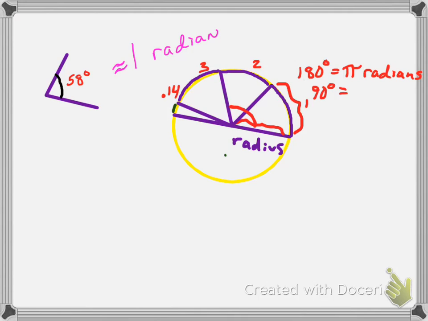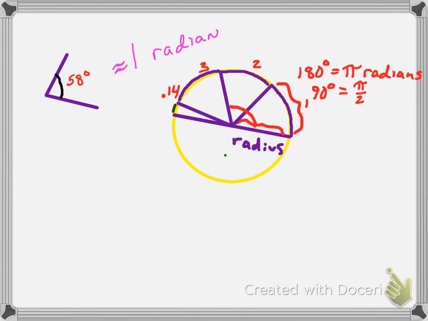Half a pi, which the cool people say pi over 2. Pi over 2 radians for 90 degrees. You just take the half circle and divide it by 2.